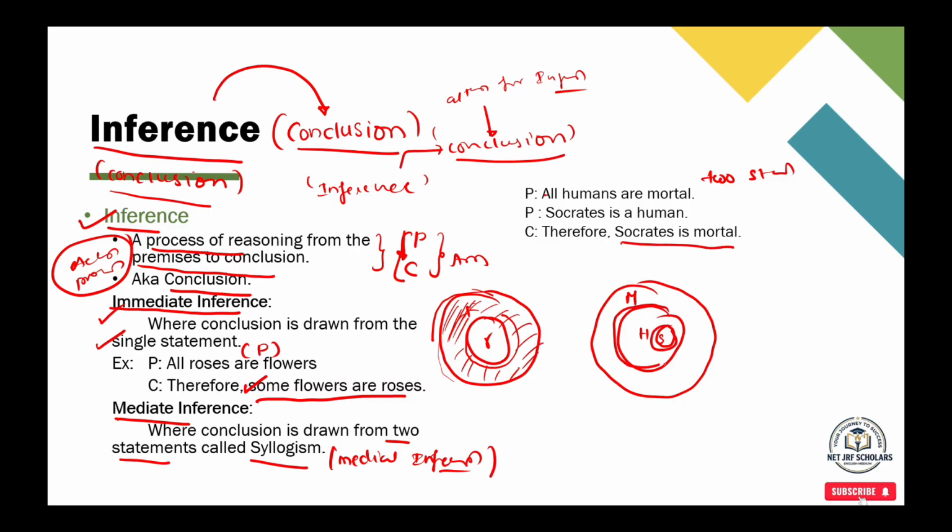Since all humans are mortal, even Socrates is also mortal, because Socrates is a part of the human class. Such types of arguments are called syllogisms or mediate inferences.